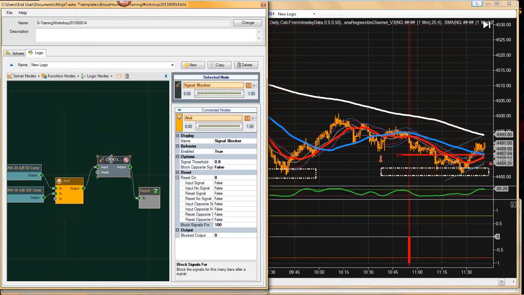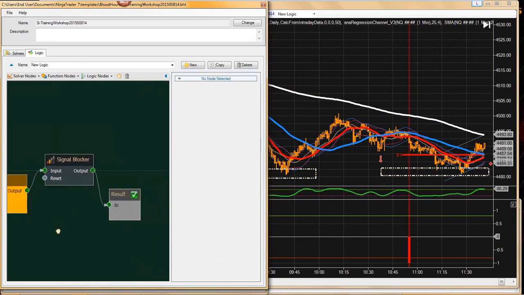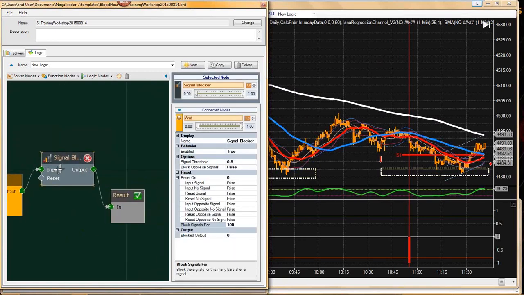So let's go in here. Let me zoom in so we can see the signal blocker has an input and a reset. We're only using the input right now, so there's nothing connected to the reset. So what we can use is when we get input, no signal.